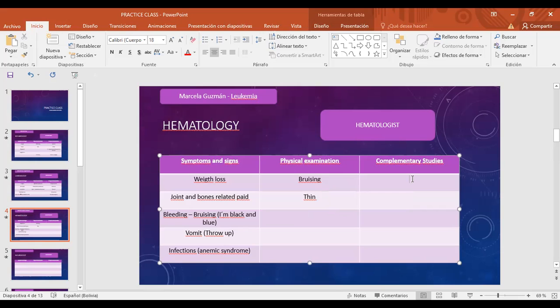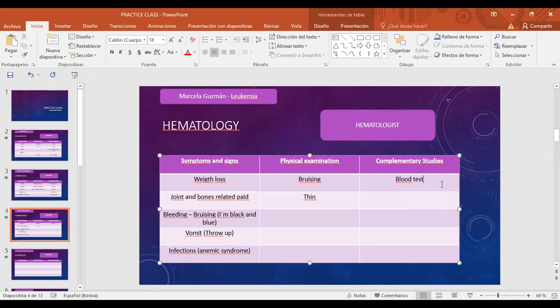Okay, so what about the complementary studies? As a doctor, what would you ask for in this patient? Well, I think first of all, a blood test. Okay, and what would you find in this case?